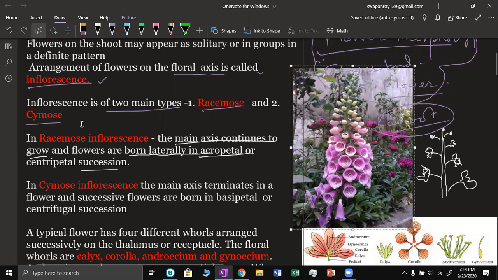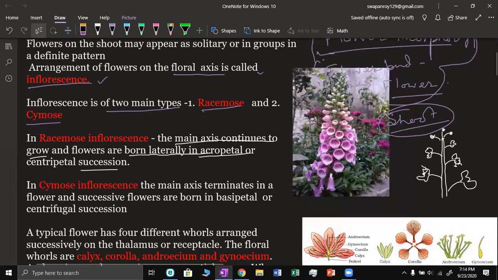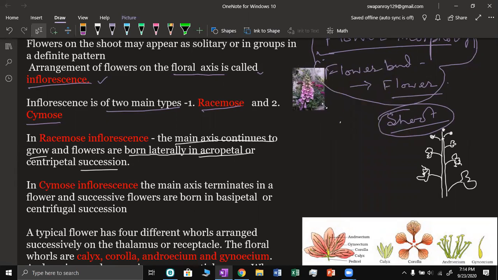Sometimes this succession may be centripetal, as you can see in the sunflower, where the floral axis is very short. In this case, the opening of the flowers is from the periphery.